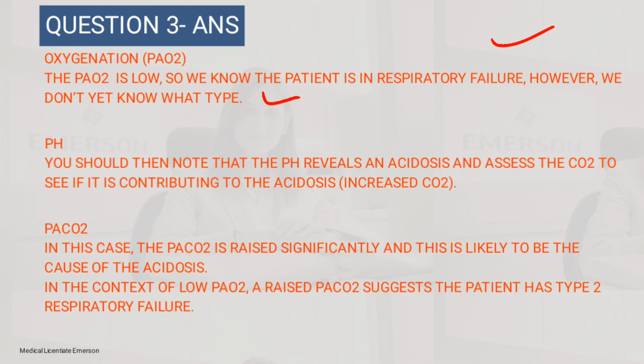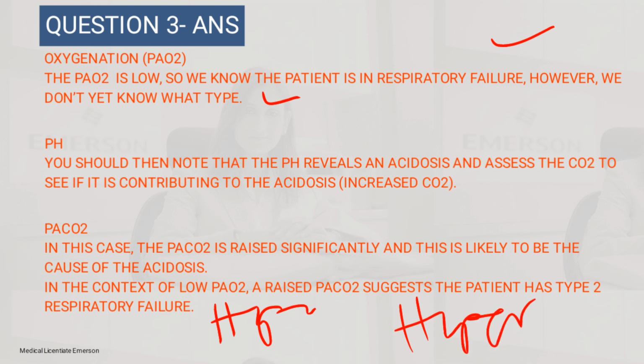So we are saying the patient is hypoxic and they have hypercapnia. This means that the patient has respiratory failure type 2, because if it was type 1, then there would have been normocapnia.